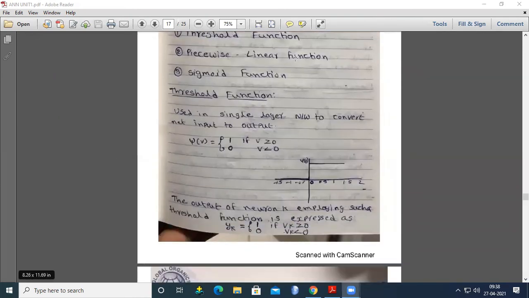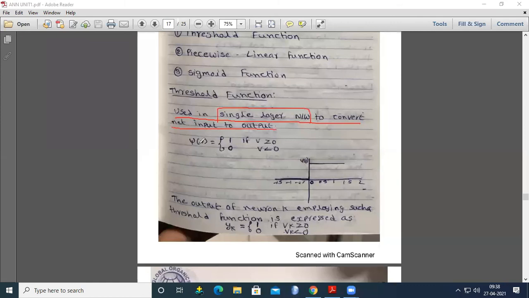Threshold function. It is used in a single layer network to convert net input into output. How many layers are in the network? Only one layer, to convert net input to output.